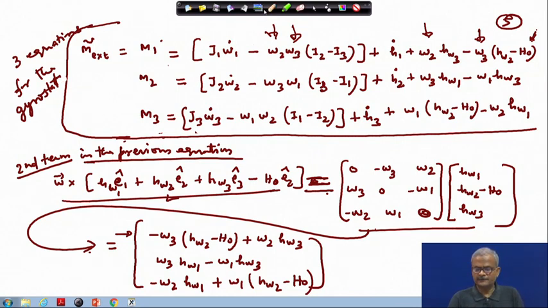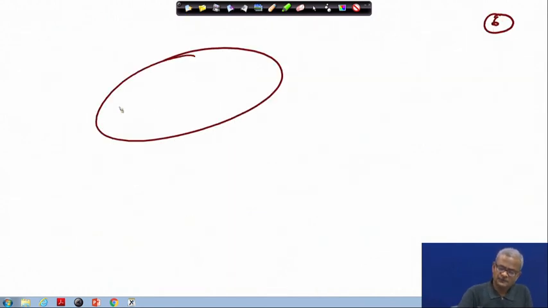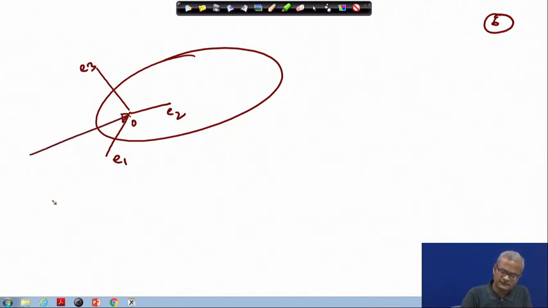So, how many degrees of freedom does this system have? This system has 3 plus 3, a total of 6 degrees of freedom. Why? See, if your point O is not coinciding with the center of mass of the system, then the translational motion enters into the equation through V cross P. Okay.